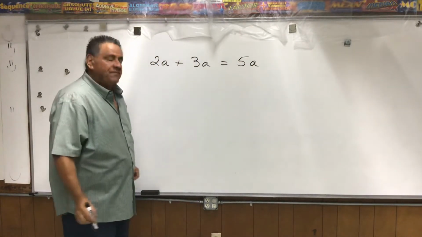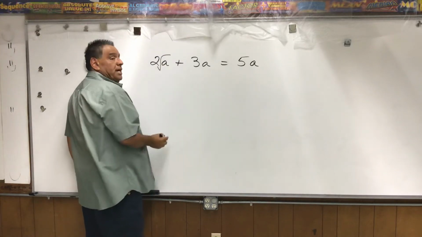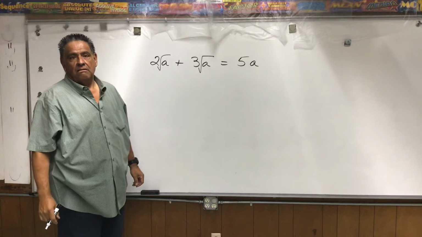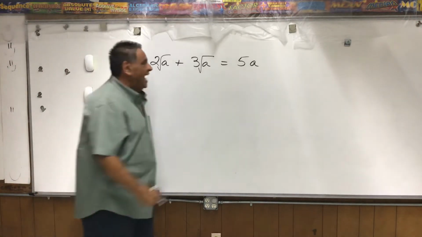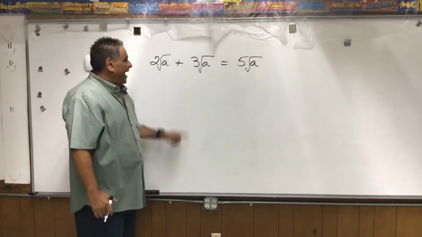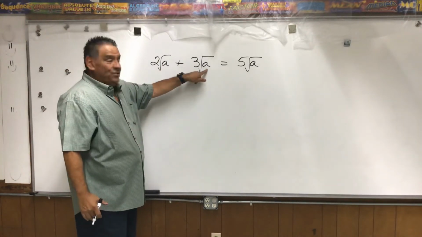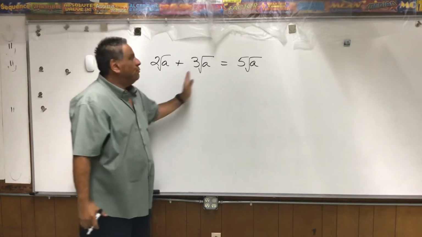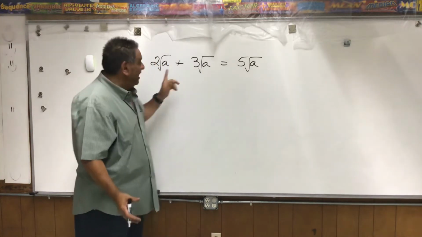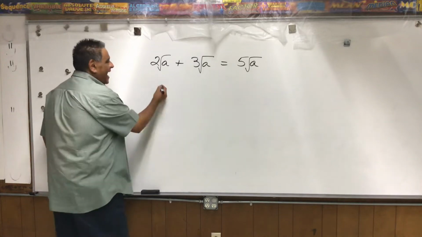So what would your answer be for this? 2 times the square root of a plus 3 times the square root of a. Your answer should be 5 times the square root of a. So what did you just learn? As long as the radicands are the same, you bring it over as if you were adding terms together. But they have to have the same radicand.